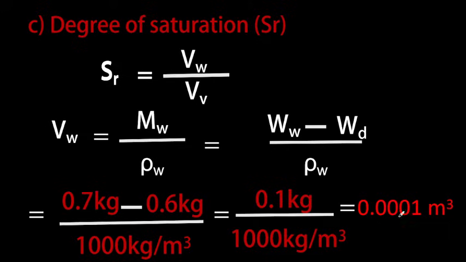So the volume of water is 0.0001 cubic meters. So now that we have the value for the volume of water, we are going to plug it into the formula in order to get the degree of saturation.